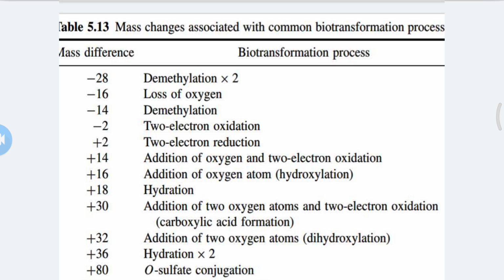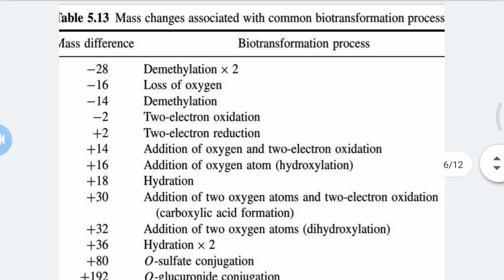Okay, using this table, mass to charge ratio, these are the mass changes associated with common biotransformation processes. In the first column, demethylation, if two methyls are lost, then the molecular weight decreases by 28. What is the molecular weight of methyl? Its molecular weight is 14. If two molecules of demethylation take place, then the loss of molecular weight is 28 units. If there is loss of oxygen, then it decreases molecular weight by about 16 units.